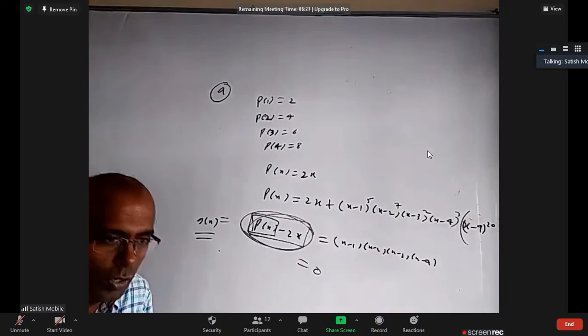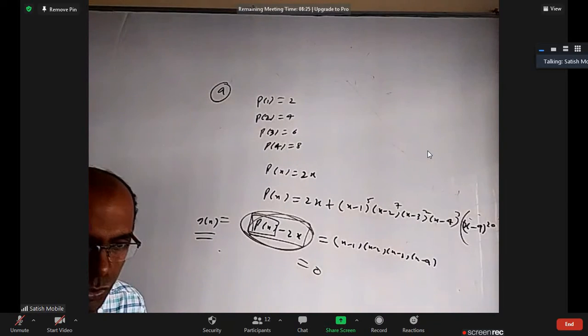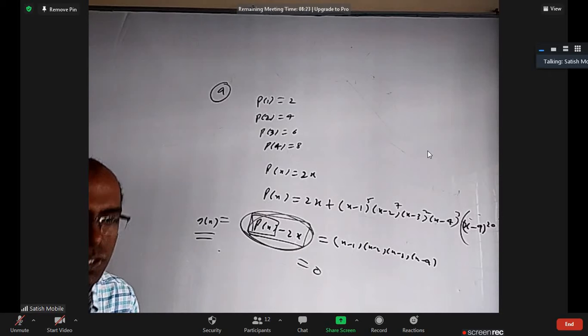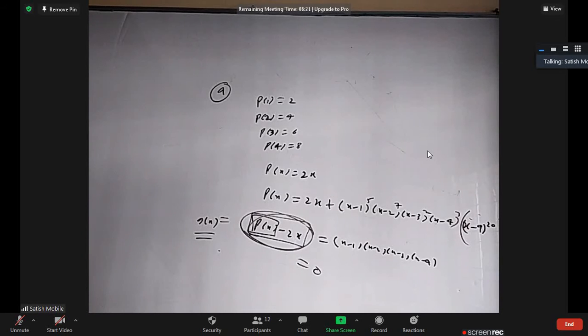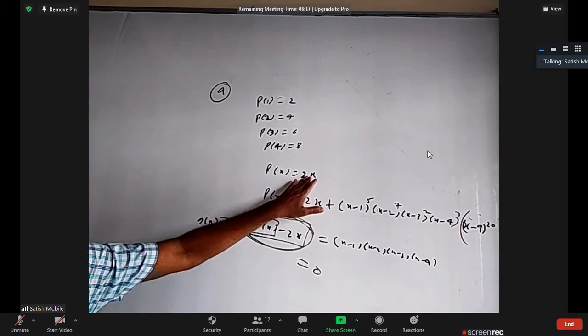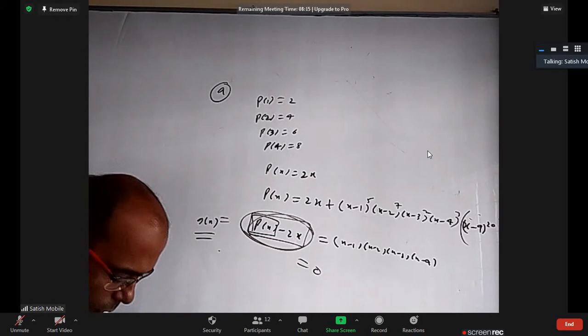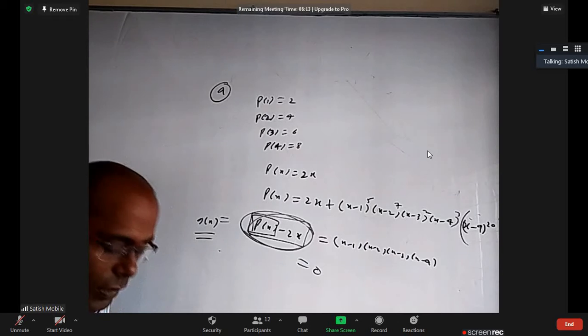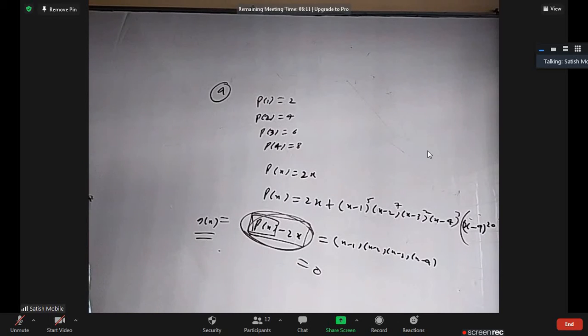How can a cubic polynomial have more than 3 roots? So it is not possible. So that means there is no such cubic polynomial. So 4th degree polynomials are there, higher are there, linear polynomials are there. But quadratic and cubic polynomials satisfying this data will not exist. So that is the logic here.